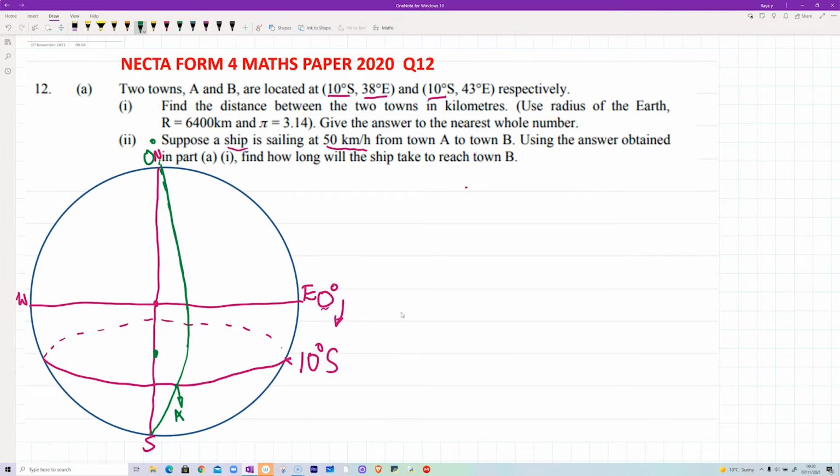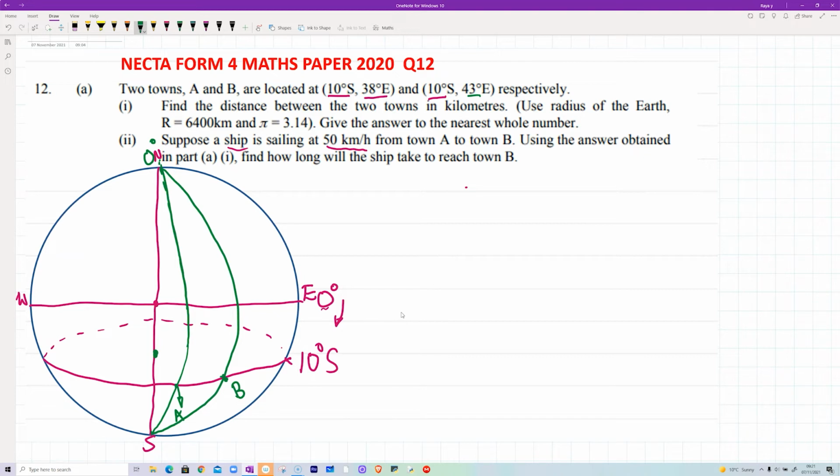So we're going to draw another longitude, this way. Okay, remember our longitudes all meet on the poles. So town B is right there where the latitude and the longitude cross each other.